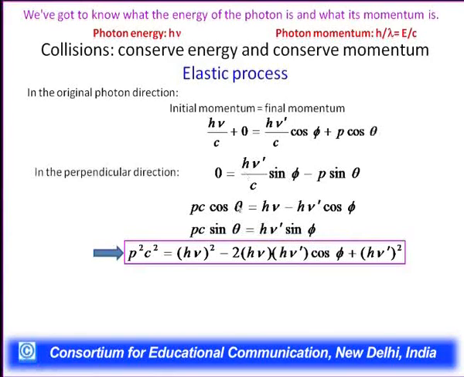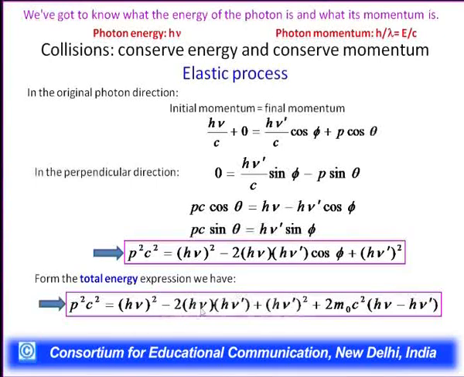We solve these equations in a simple manner. We take p square c square by adding and squaring these two equations. Then we get (h nu) whole square minus 2 h nu h nu dash cos phi plus (h nu dash) whole square.